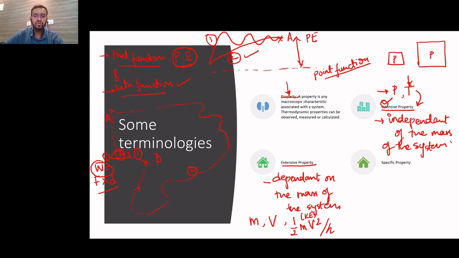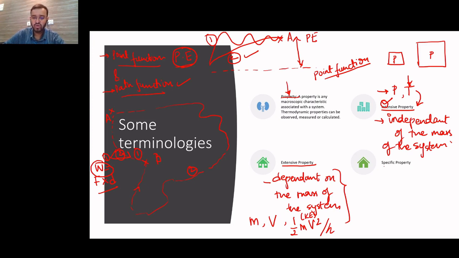Now sometimes we want to express these extensive properties in a way that we are not limited by the mass of the system. Okay, so we want to find out what property would be assigned to a unit mass of the system.